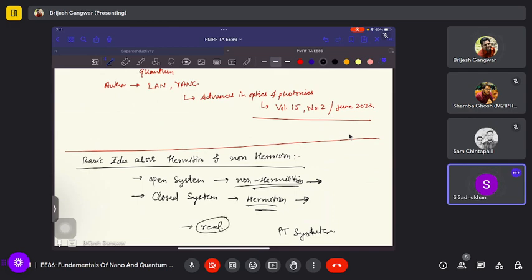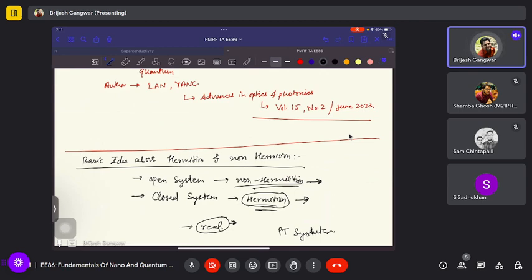Okay. So I am saying that if you have a Hermitian system in quantum mechanics, with some Hermitian operator, then the eigenvalue of that Hermitian operator is real. So this is one advantage of Hermitian systems, because in the real world only systems which have real eigenvalues can exist.